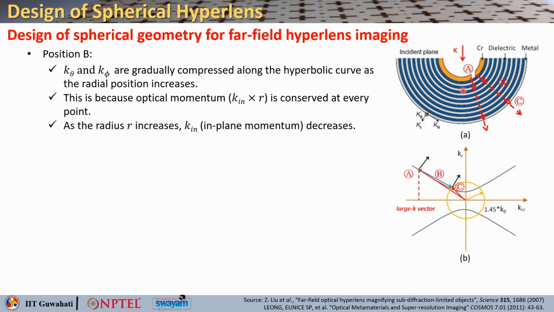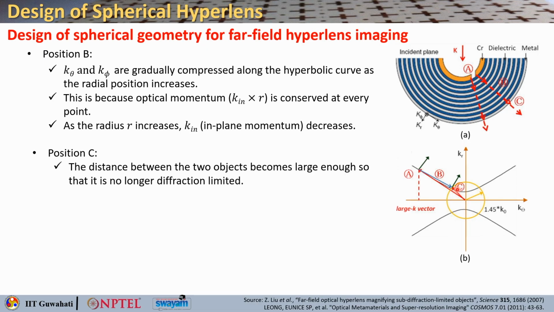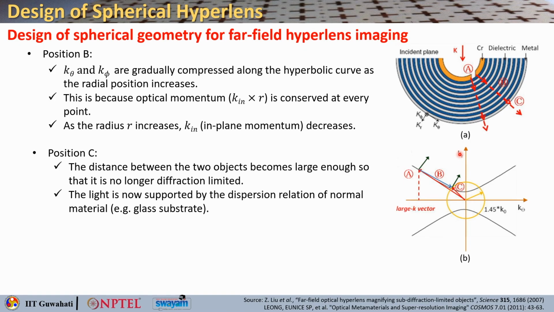Now, with the radius being increased, you will see that the in-plane momentum, k in, is decreasing. That is why it is going down the slope. And at point C, the distance between the 2 objects becomes large enough that they are no longer diffraction limited.